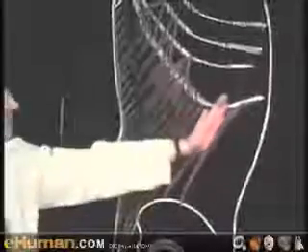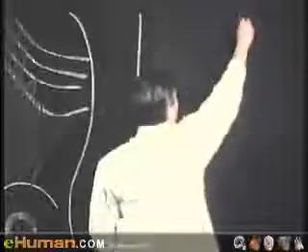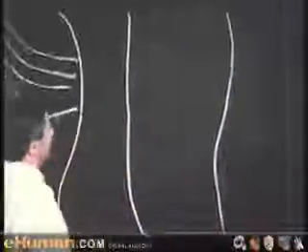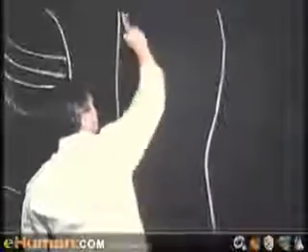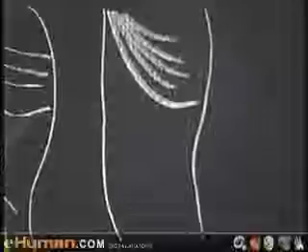So I'm going to move across to make another diagram alongside this, showing the origin and insertion of the internal oblique muscle. Once again, I'll indicate the anterior abdominal wall in the midline, and the posterior wall. And here is the costal margin coming down, and the other costal cartilages and ribs above that level.